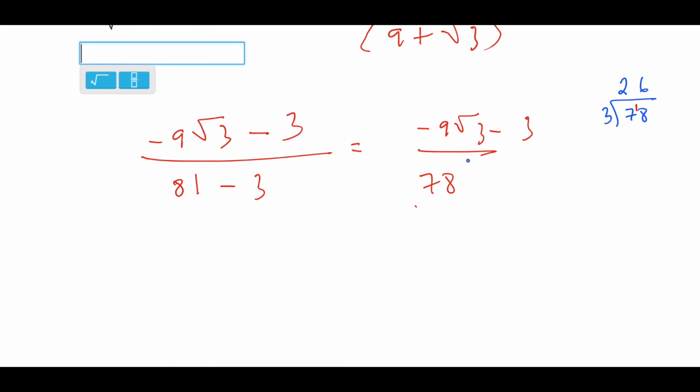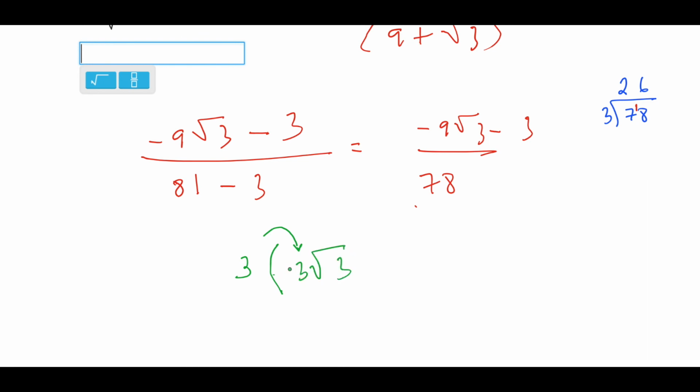Right. From the top, we're going to factor out a negative 3. Actually, I'll just factor out a 3. It's the same thing. And what would you put here to make that happen again? 3. And then you have that root 3.